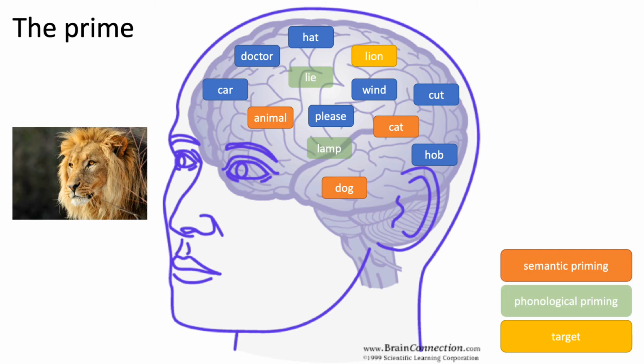When you are shown a picture of a lion, this activates, of course, the word lion, which is the target, but it will also activate all the semantically related words, such as animal, cat, and dog, and the phonologically related words, such as lie and lamp. Remember, this is what we thought was responsible for making errors in production.